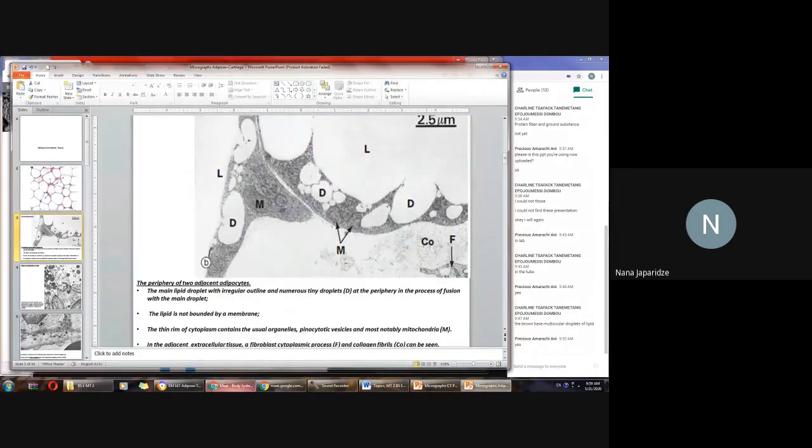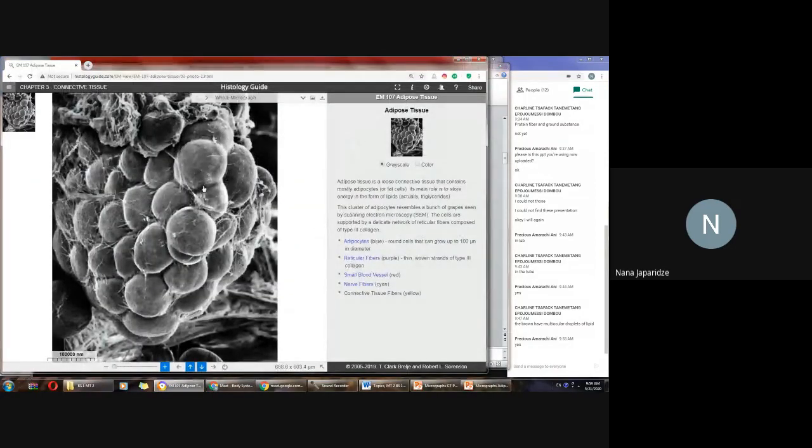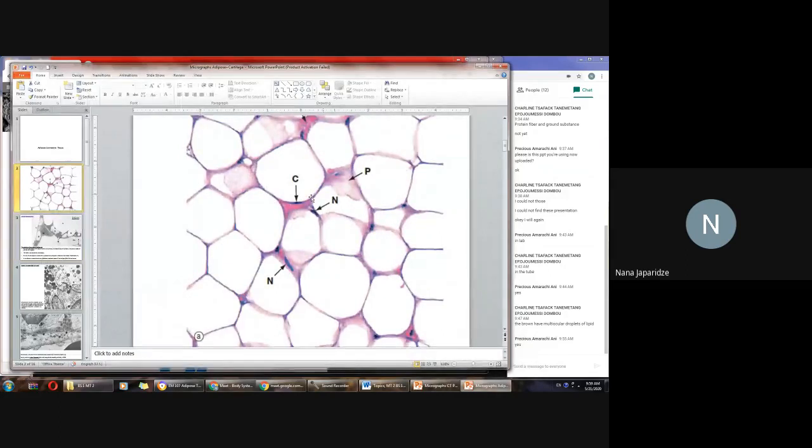When we go deeper and deeper in sectioning of these cells, of course, the profile of the cell will contain the adipose or fat lipid droplet and a small part of the nucleus which is located peripherally, and a small amount of cytoplasm, small rims of cytoplasm.